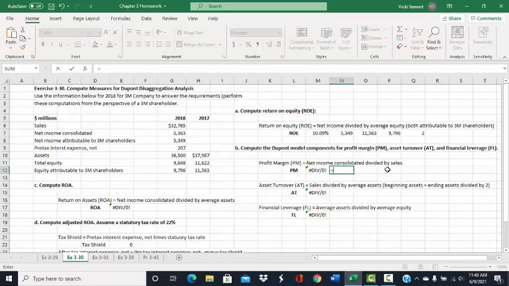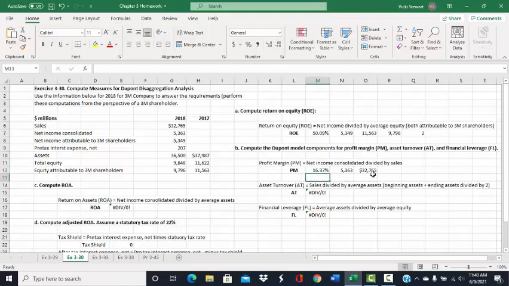So to compute the profit margin, we're going to use our net income consolidated, and we're going to divide that by our sales. Now we use the total net income consolidated because we have total sales. We see that our profit margin is 16.37%. So that means that we're earning net income of 16.3% of our total sales.